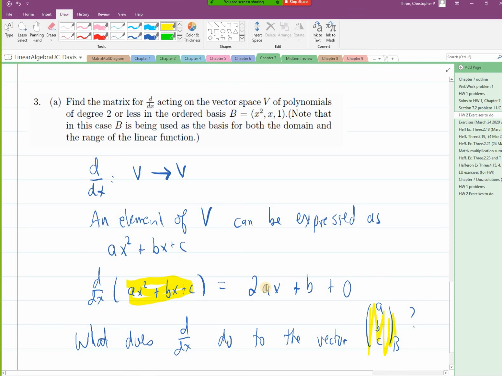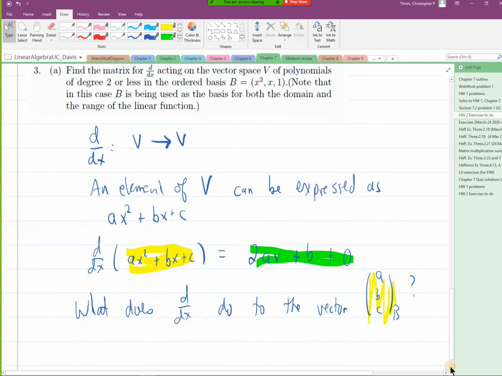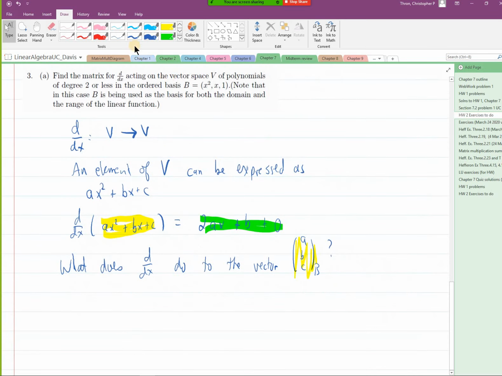So I want to write this one also as a vector. How can I write this as a vector in terms of the basis here? So it'd be 0 x squared terms and 2 linear terms, and then looks like 0 constants.